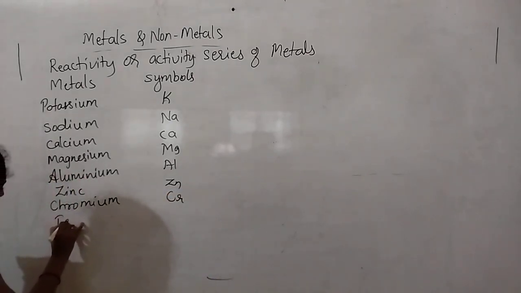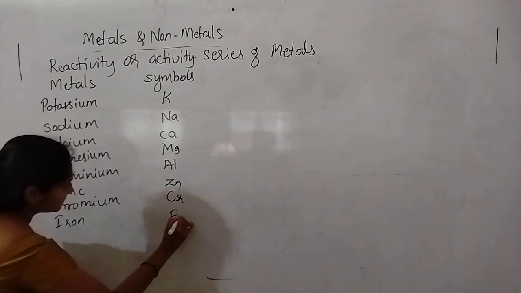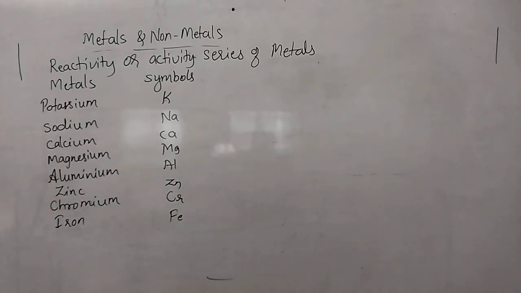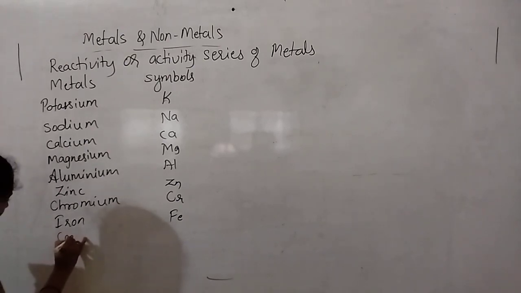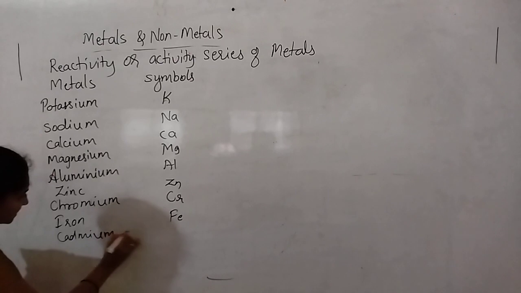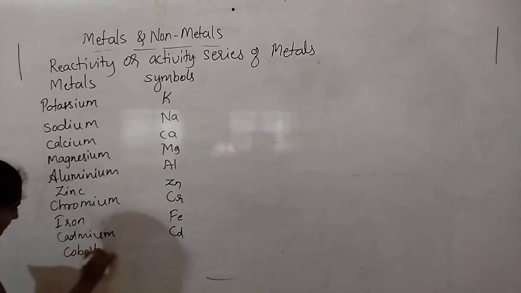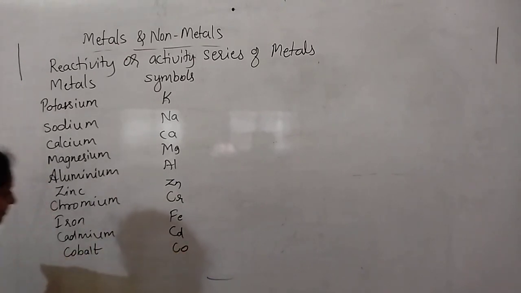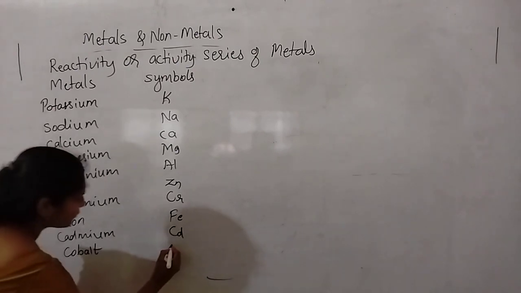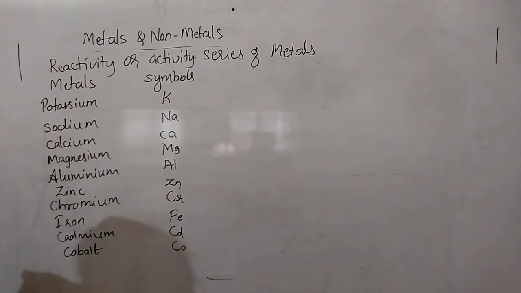Chromium Cr, then iron Fe, then cadmium Cd, cobalt Co. Don't write the O as a capital: when writing cobalt, C must be capital and o must be small. If you write O capital, it means carbon monoxide.